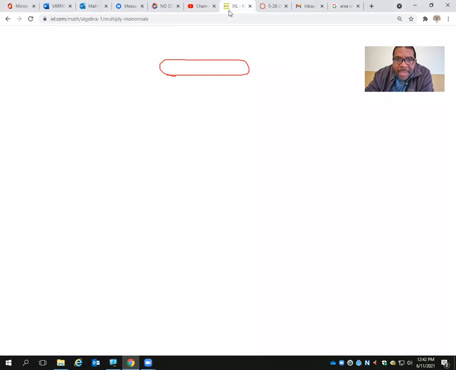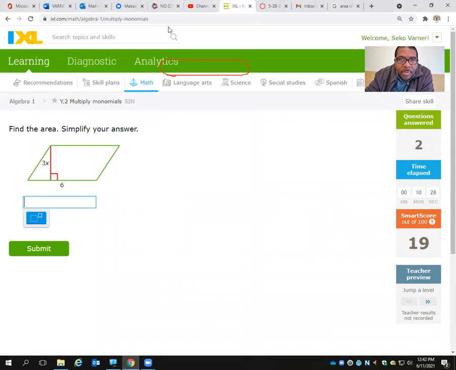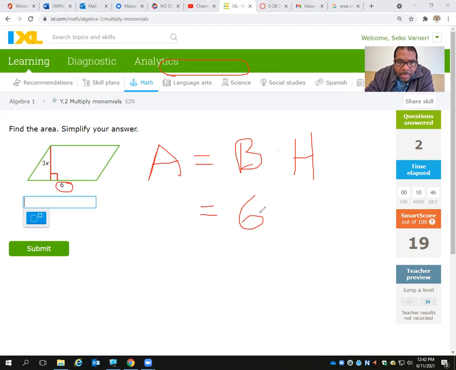So if we go back here, the base is 6. So area is base times height.